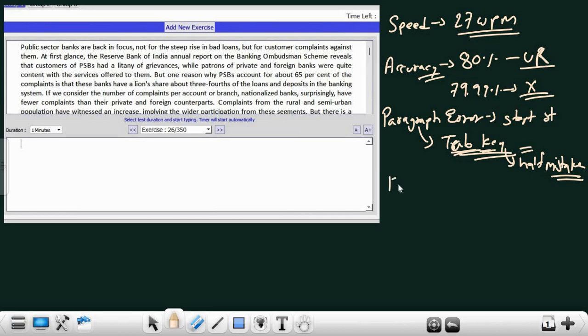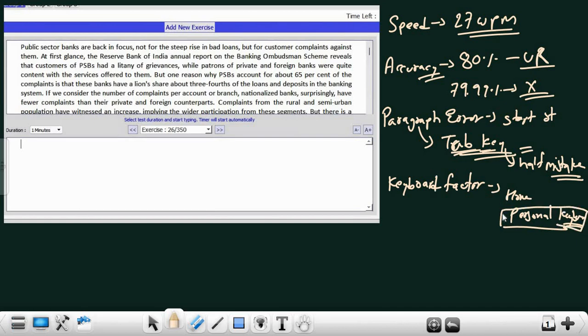And the fourth one is the keyboard factor. That means when we practice at home with our personal keyboard, we get habituated to it.